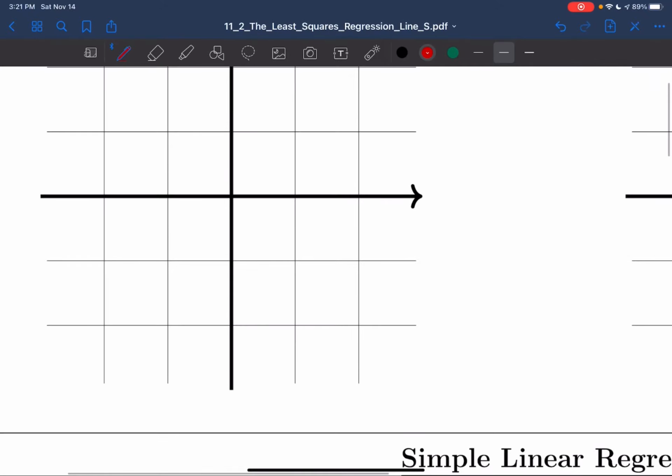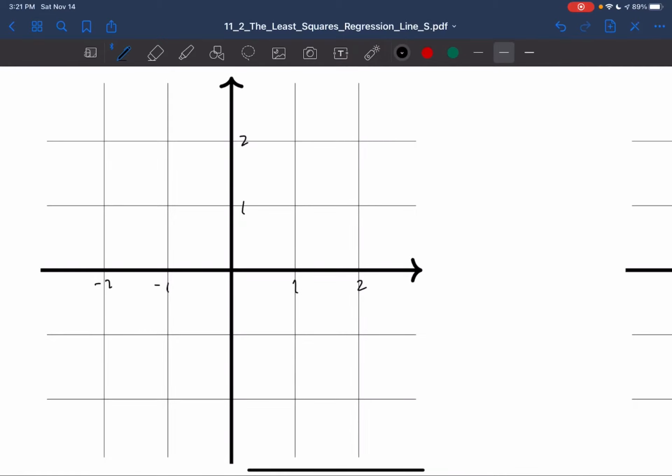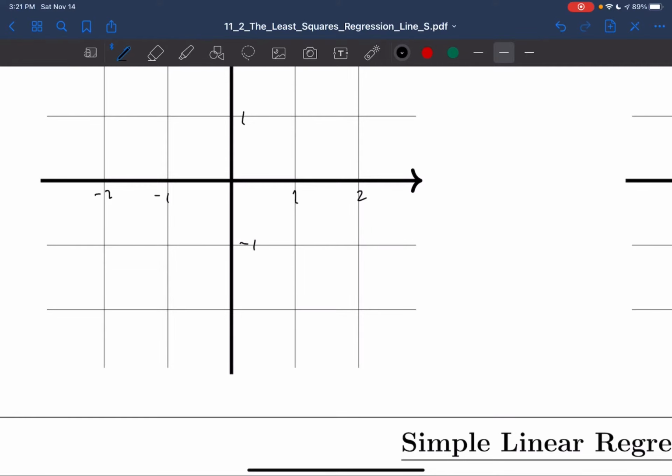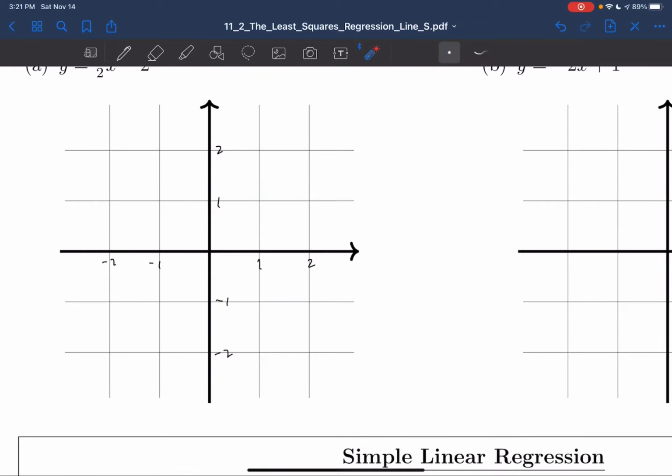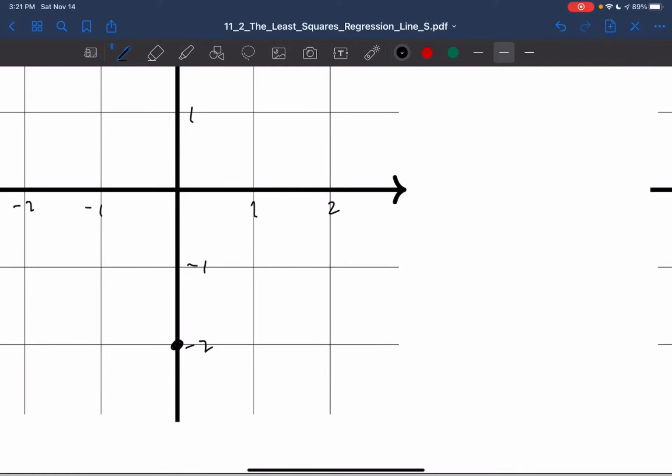Let's label the axes: 1, 2, negative 1, negative 2. First thing you want to do is mark your y-intercept. So this is your y-axis, and here we have negative 2, so let's make a point right here.